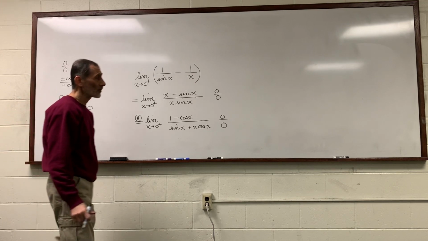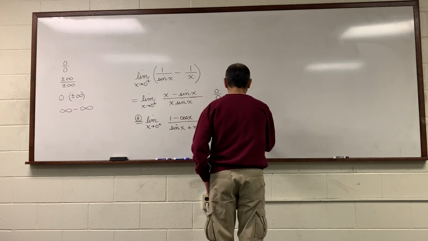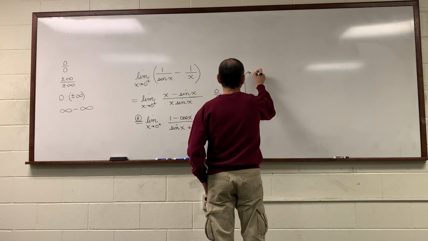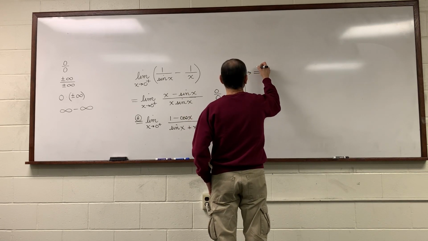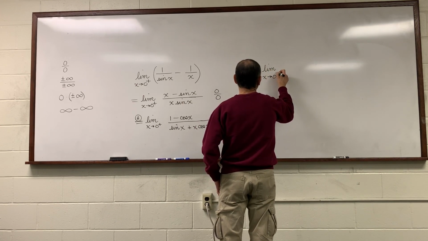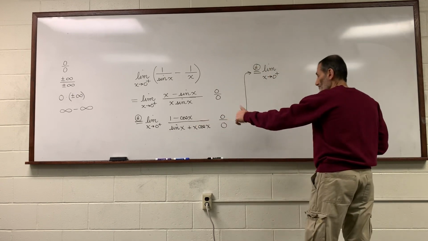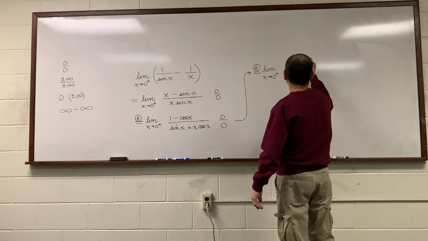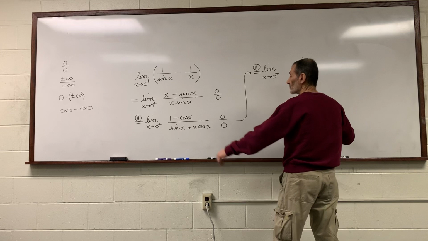Well, that's the beauty of L'Hopital's rule. As long as we get an indeterminate form, we can continue to apply it. So once again, we apply L'Hopital's rule. We have the limit as x approaches 0 from the right of sine x, that is the derivative.